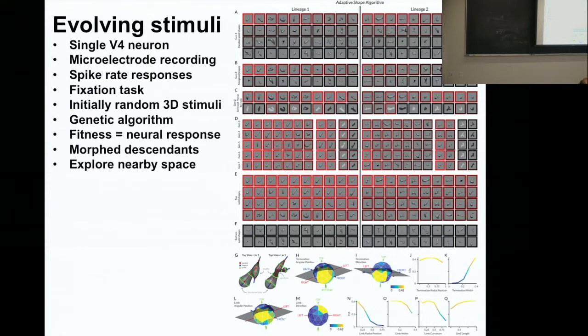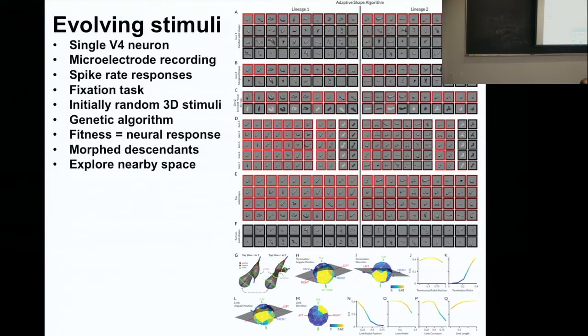It's an experiment in which the stimuli evolve in a direction that promotes getting more information about the tuning, the responses of a neuron in shape space. So this is an experiment on a single neuron at V1. We're using a microelectrode to record spikes or action potentials, and we measure the rate of spiking. This is in a monkey performing a fixation task to keep the eyes still.